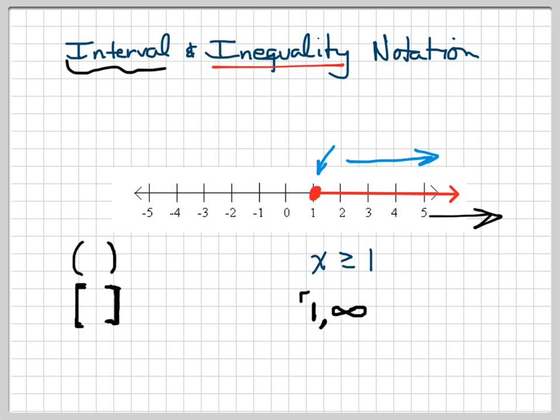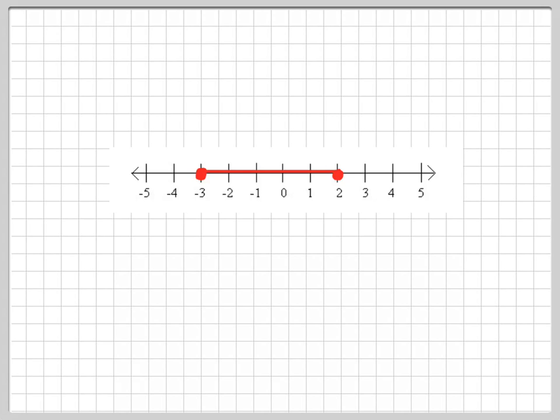It includes the 1, so we put a square bracket to the left of it, saying the 1 is included in this set. And for infinity, we always put a paren, because there is no endpoint to include in infinity. It goes on forever. And so this would be the interval notation of what x is, and this would be the inequality notation.